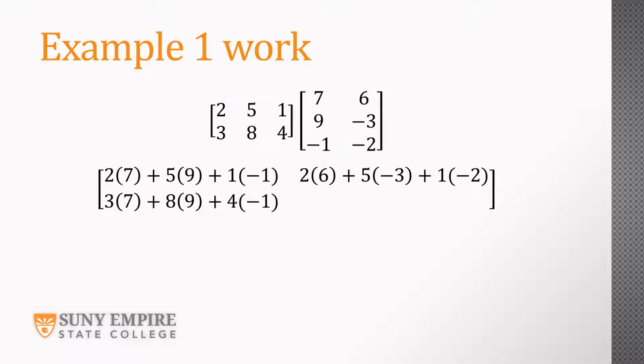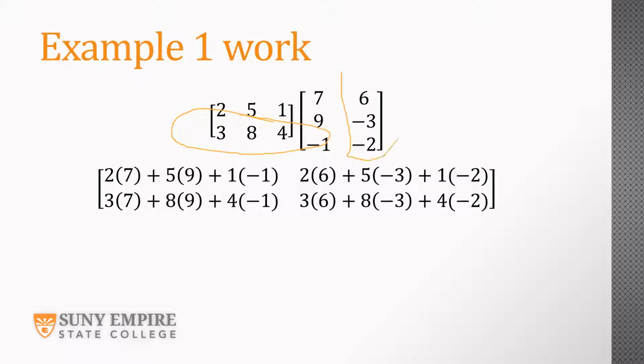If we want to fill the bottom row left column position, we multiply the bottom row of matrix A through the left column of matrix B and add. So we have 3 times 7 plus 8 times 9 plus 4 times -1. If we want to fill the bottom row right column position, we multiply the bottom row of matrix A through the right column of matrix B and add.